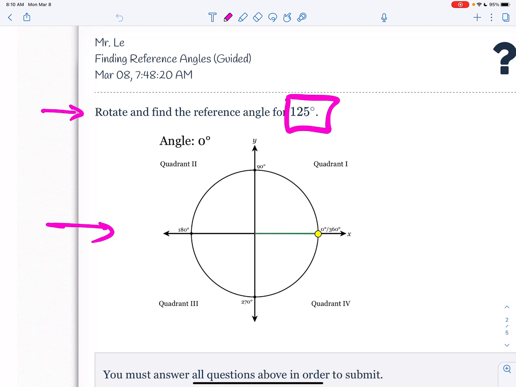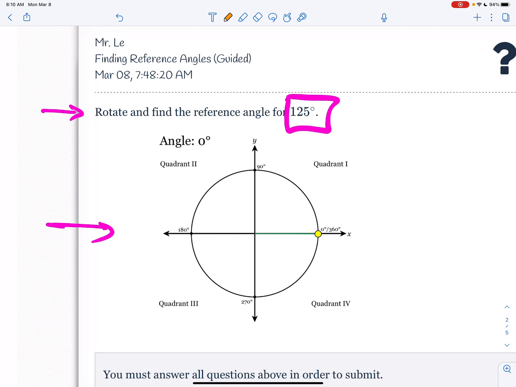So recall that when you go from here to here, that's anything from 0 to 90 degrees. And then quadrant 2 is anything from 90 to 180. Quadrant 3 is anything from 180 to 270. And quadrant 4 is anything from 270 to 360. It makes a full circle. Okay? So I know that 125 degrees is definitely somewhere in quadrant 2, because it's between 90 and 180.